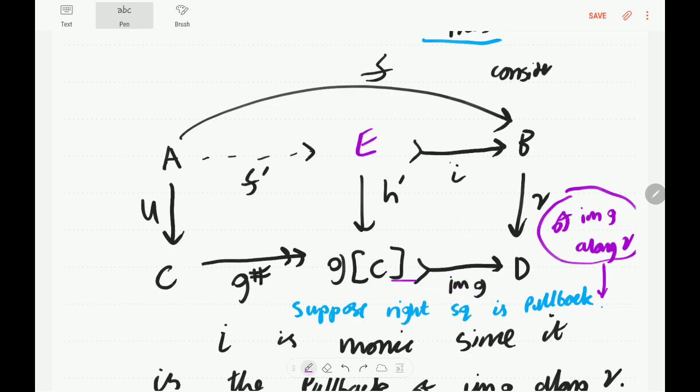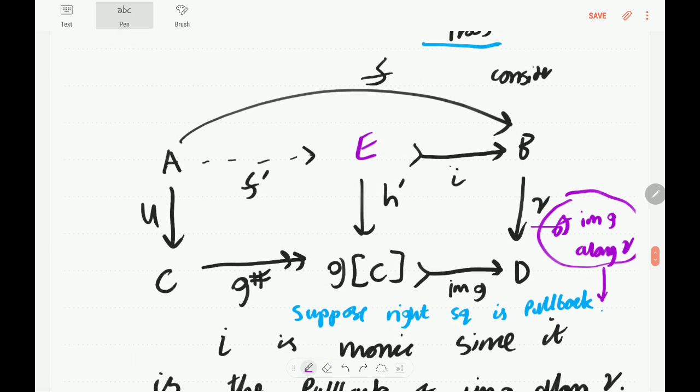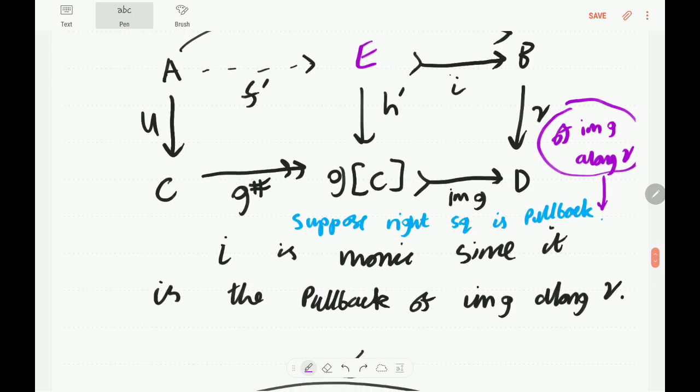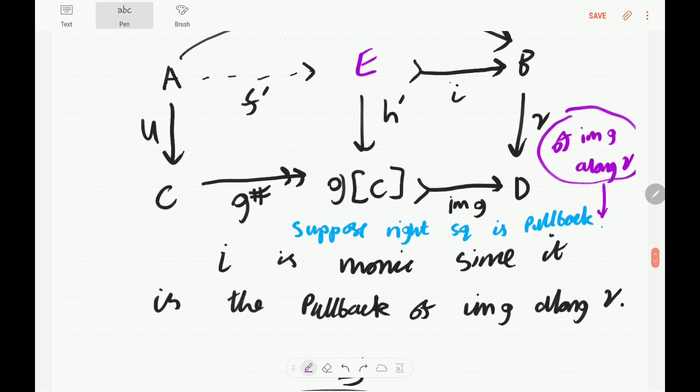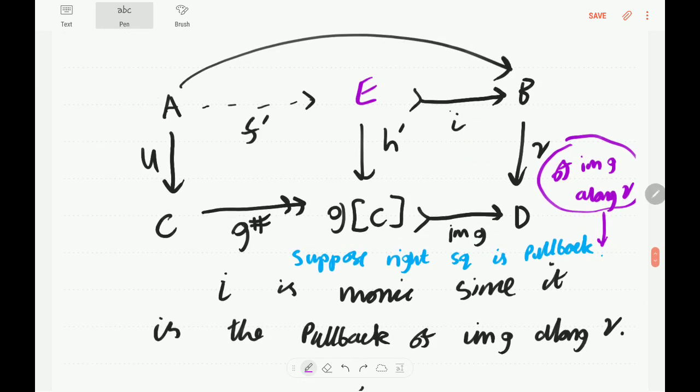So we've still got IMG from our original diagram, and we've still got V. But this other stuff is potentially new. So we suppose this right square is a pullback. In other words, I is the pullback of IMG along V. Well, that means I has to be monic. So we have that for a start, because it's a pullback of a monic.